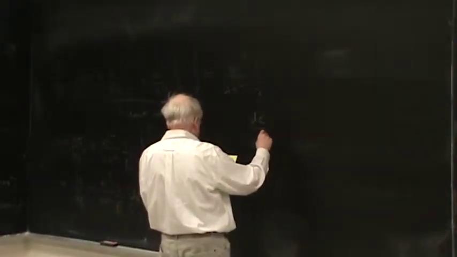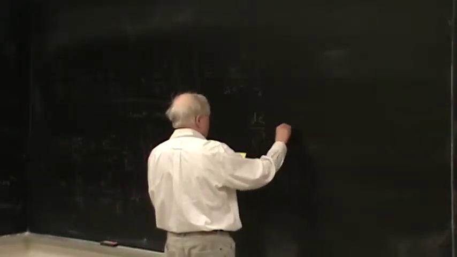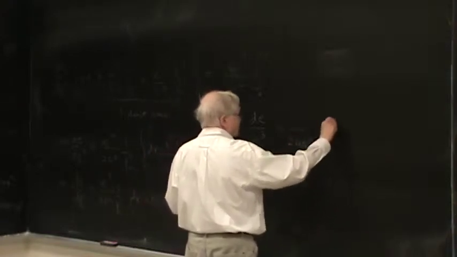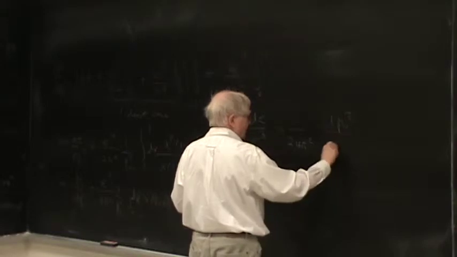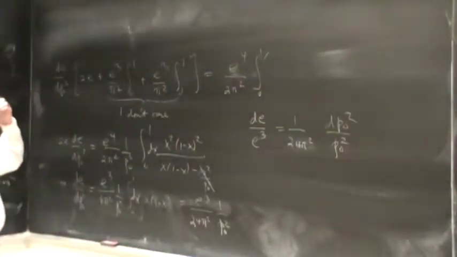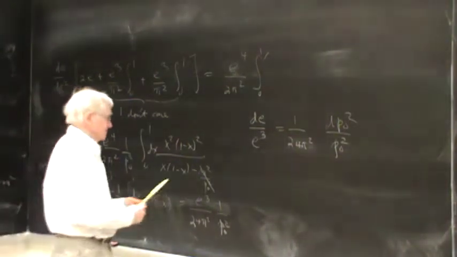So what you get is dE over E cubed is 1 over 24 pi squared dp0 squared over p0 squared. In other words, the first step is you put the variables on opposite sides of the equation and you do both integrals.